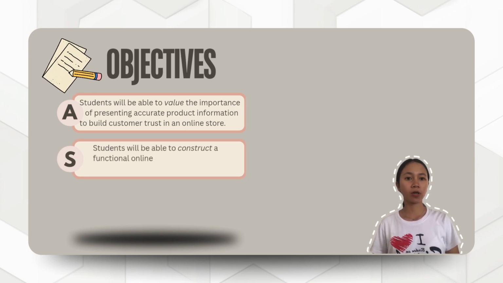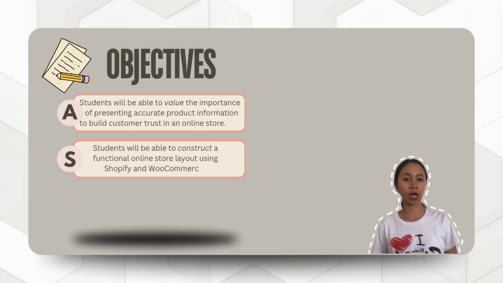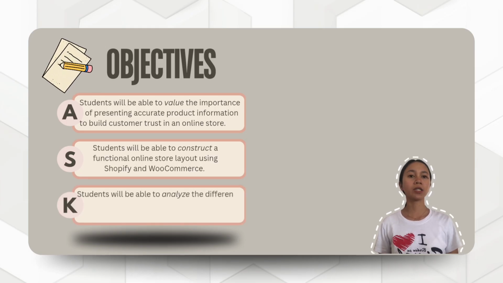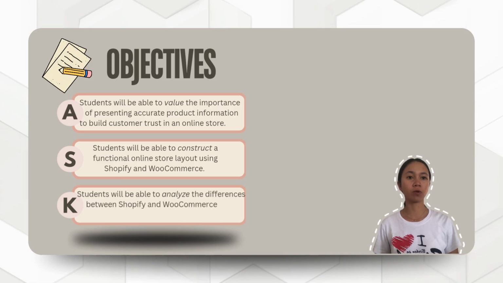Students will be able to construct a functional online store layout using Shopify or WooCommerce. Our last objective is K or knowledge. Students will be able to analyze the differences between Shopify and WooCommerce based on features, cost, and customization options.